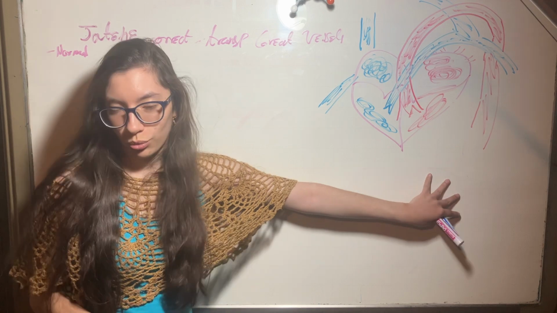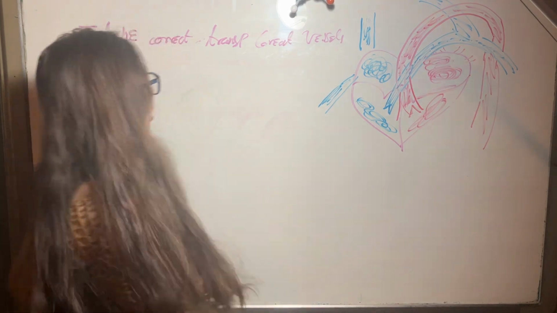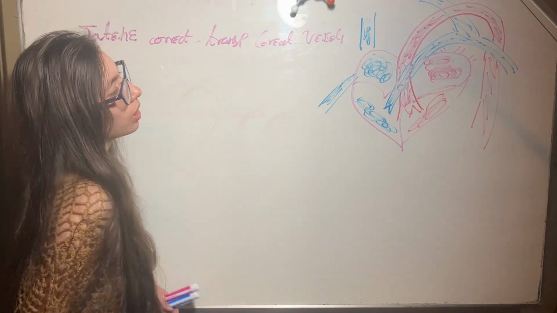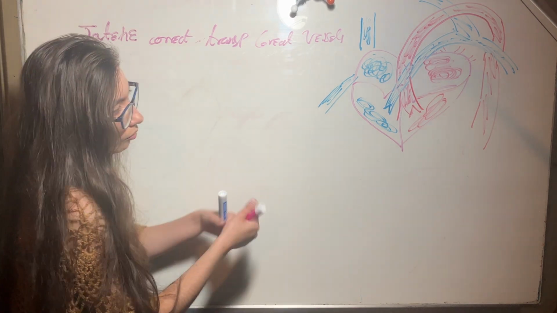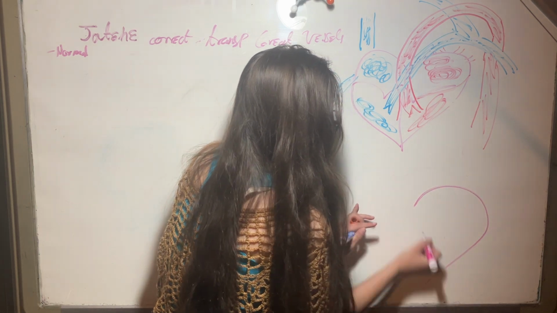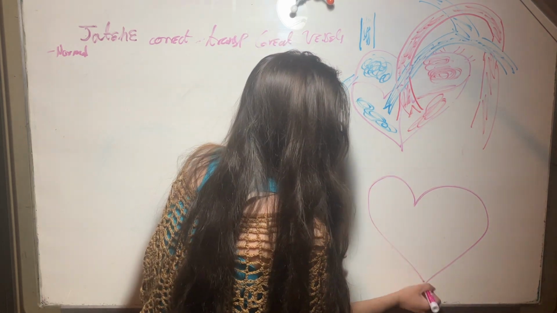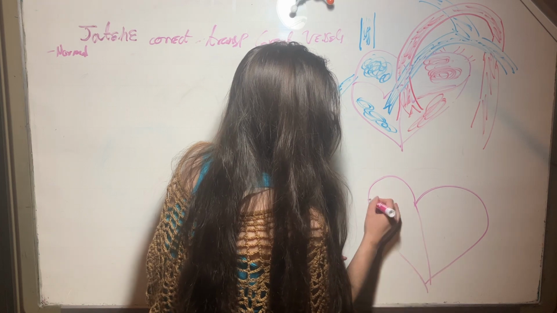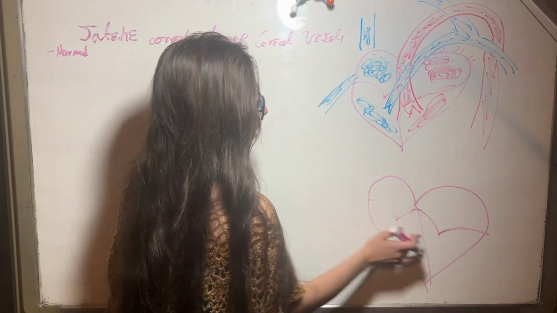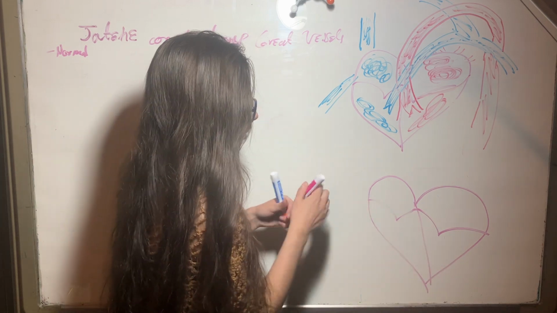Now we are going to review what the blood circulation is when we have transposition of the great vessels. So here we have the heart. We have the left atrium, left ventricle, right ventricle.